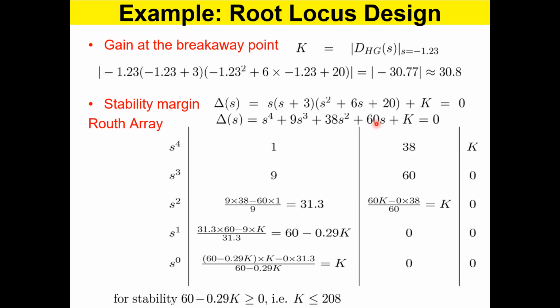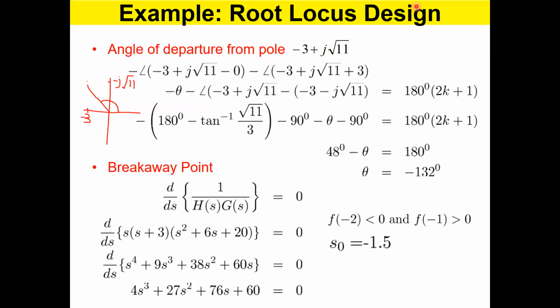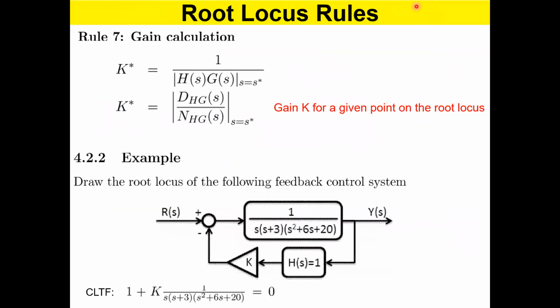Just one of them. If you know you want to have one of these poles located there on the root locus, get the root locus point and substitute it to this equation. Remember, I will pedal back and show you this one, gain calculation. The gain for a particular point on the root locus is given by 1 over H(S)G(S) when S is equal to that point.